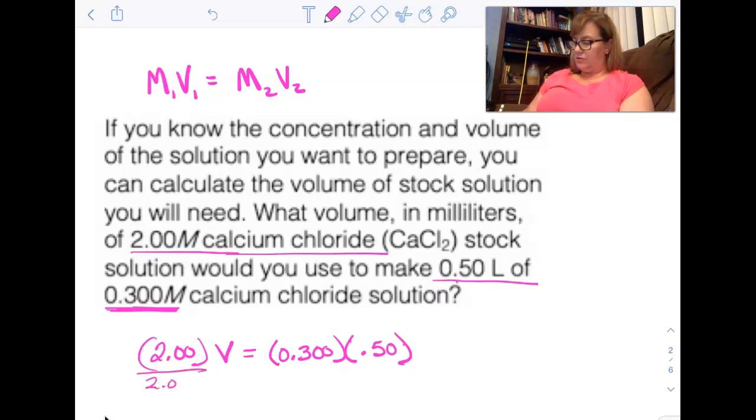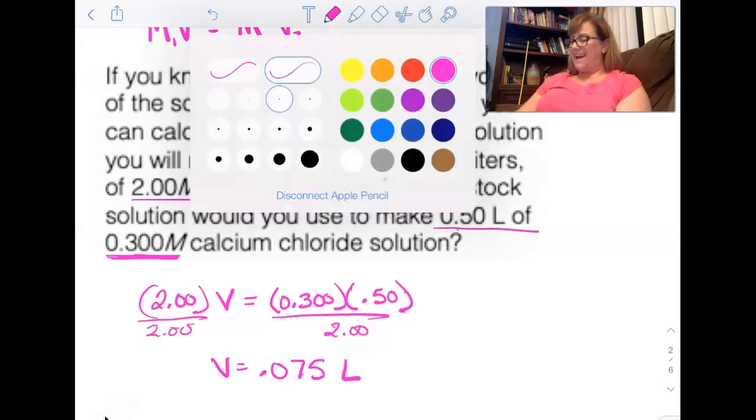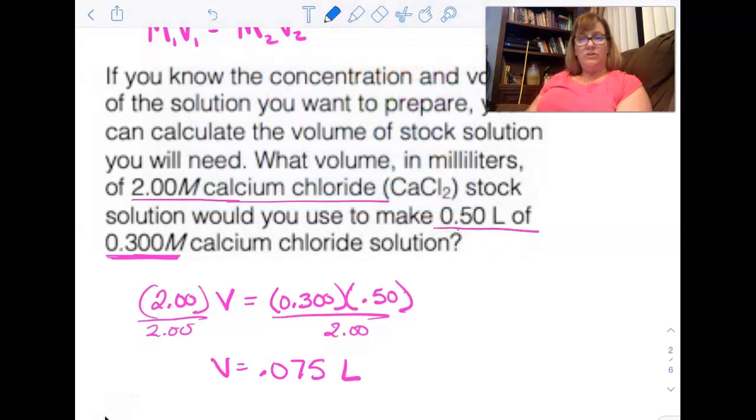So we divide by 2 and we discover that the volume we're going to need of our stock solution is 0.075 liters. Well, now they ask for this in milliliters. So to convert from liters to milliliters, we move our decimal point to the right 3 spots. 1, 2, 3. This is 75 milliliters.